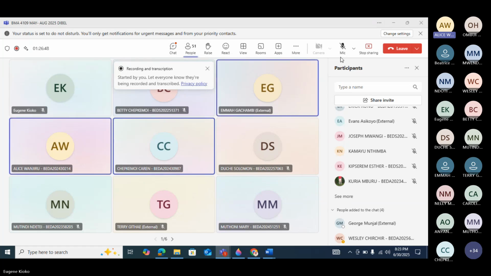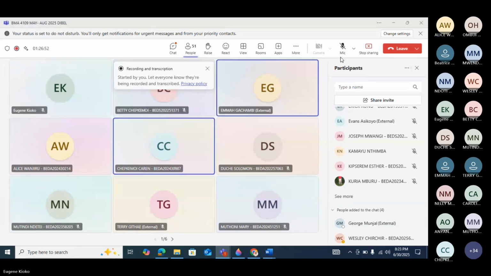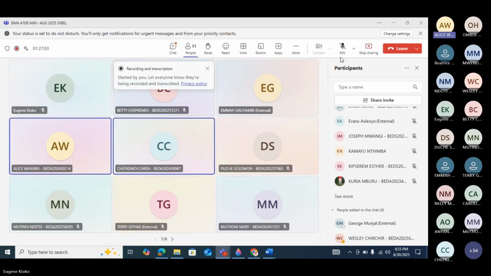Uko hapo kwa hiyo function? Hii ya x 3x plus 1. Ilikuwa 3x minus 1. Oh yeah. Function of x is equals to 3x minus 1.